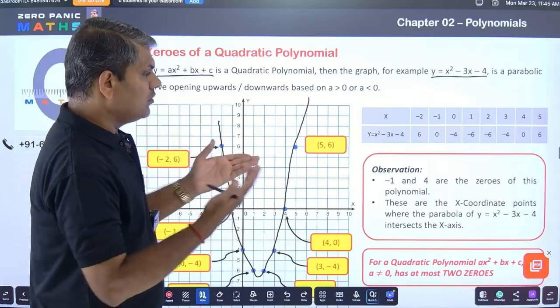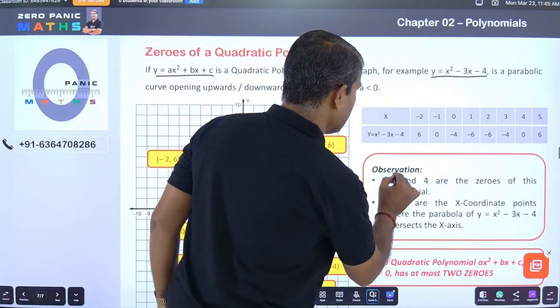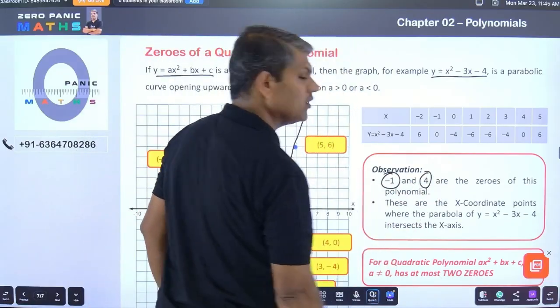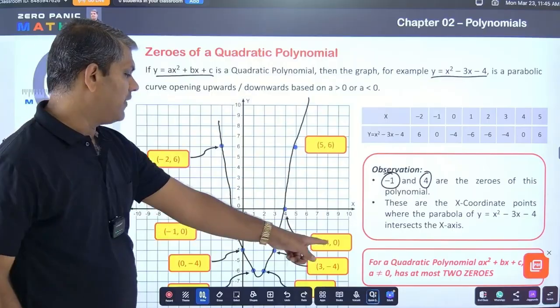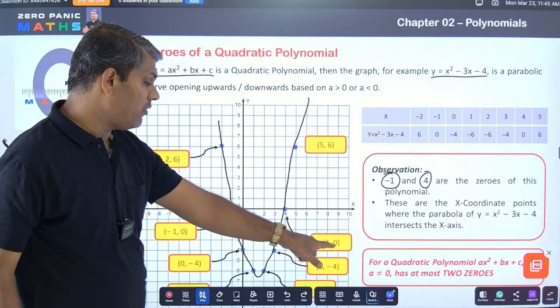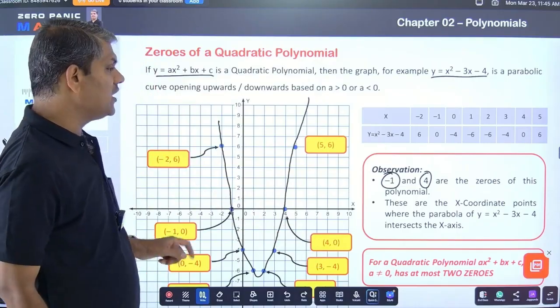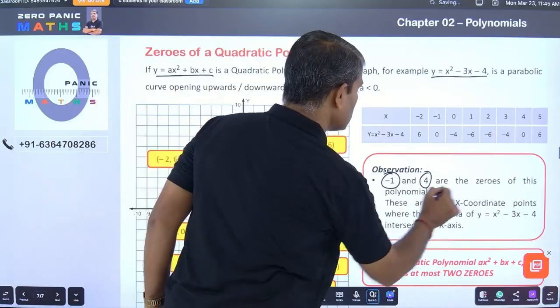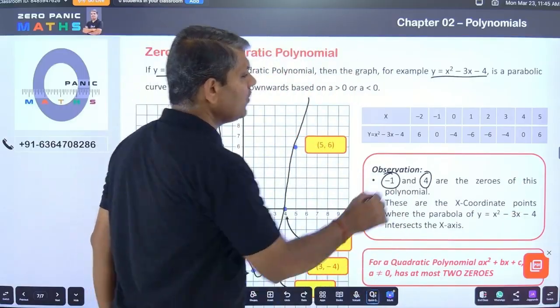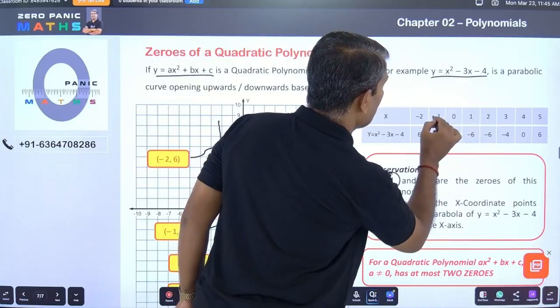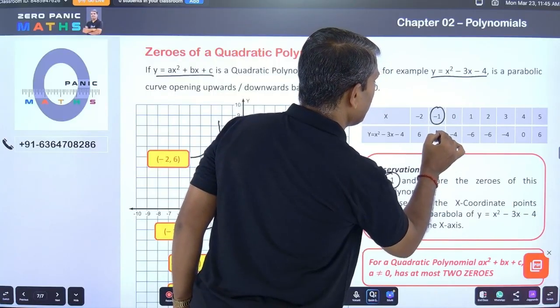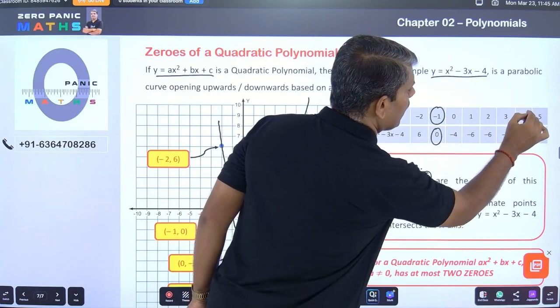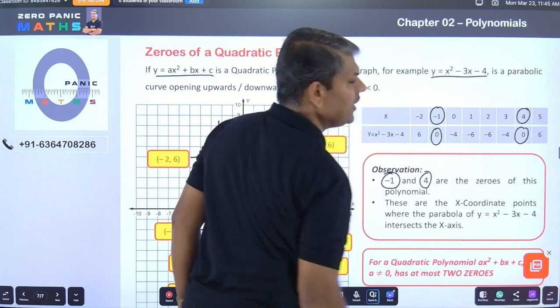Okay, so what is the observation? Minus 1 and 4, because the y value of those points is zero here. Minus 1 and 4 are the zeros of this polynomial. You can observe that for minus 1, the y value is actually 0, and for 4, the y value is actually 0.